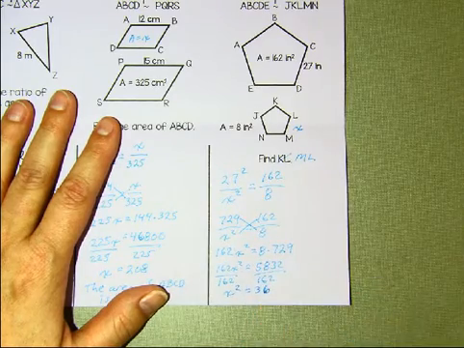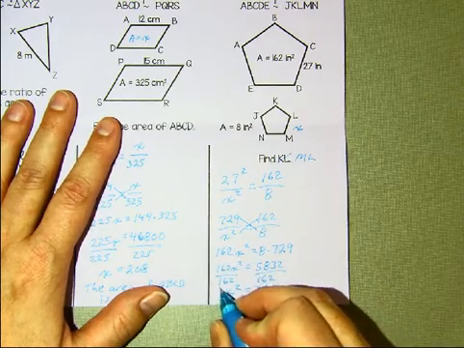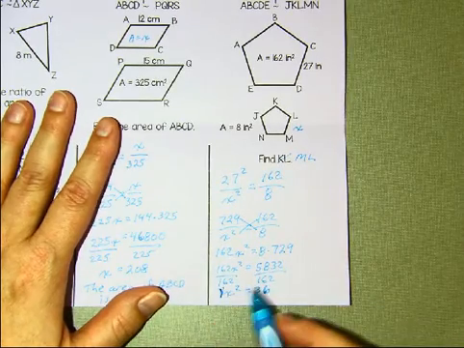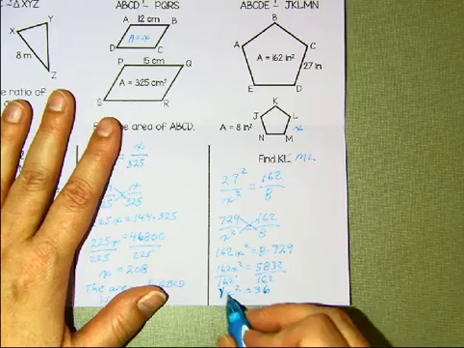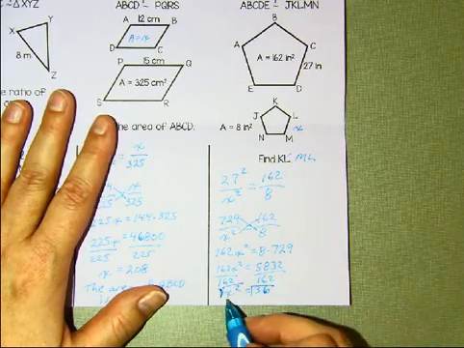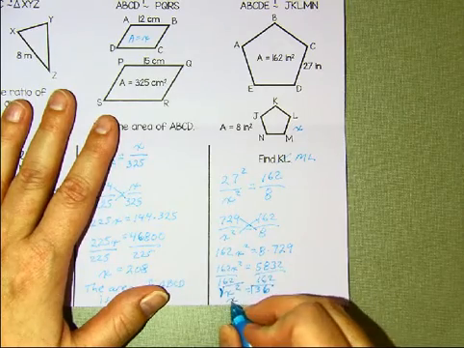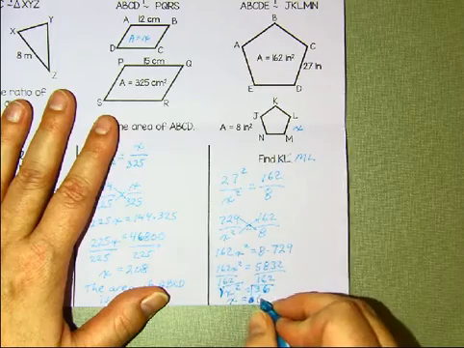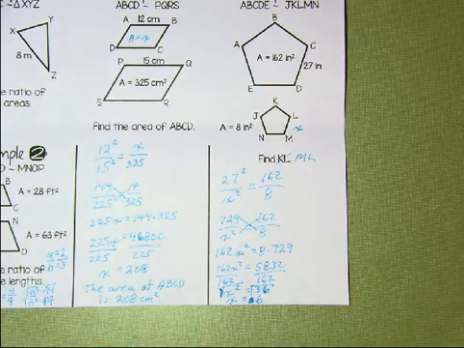We still need to find x. So instead of x squared, we're going to do the square root so that we get just x. So the square root gives us x equals 6. The square root of 36 is 6.